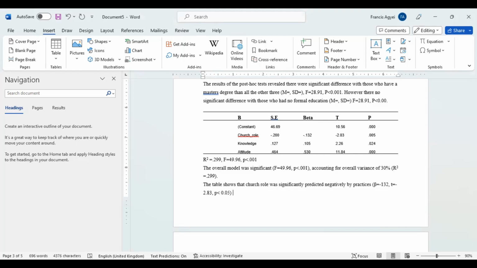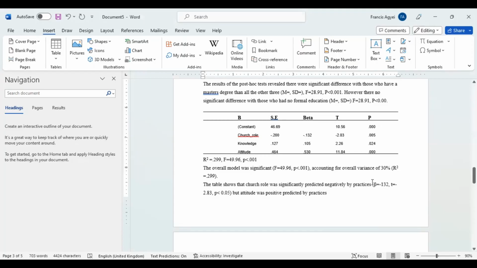So we can say, but attitude was positively predicted by practices. By practices. Then we quote the beta.